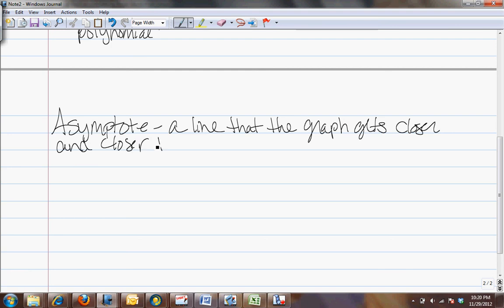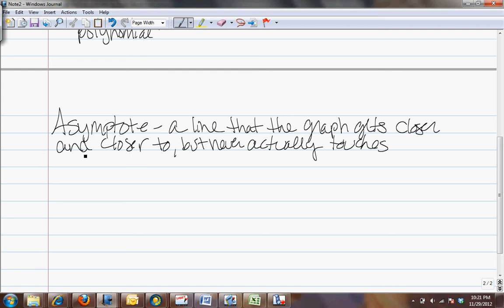You have to excuse my sloppy writing. So we're going to be looking at horizontal and vertical asymptotes today. So just keep in mind, this is a certain line on a graph that it gets closer and closer and closer to. Oftentimes, the x-axis or the y-axis serve as asymptotes for certain graphs.